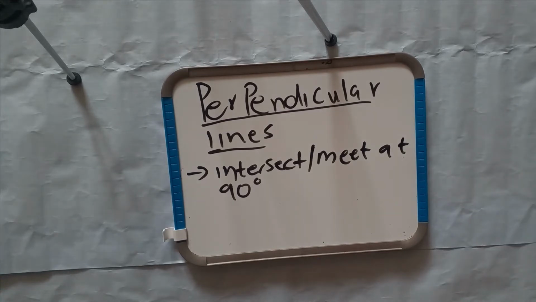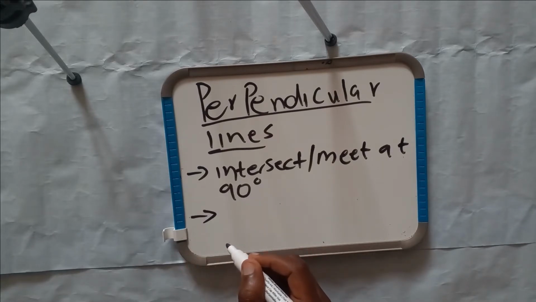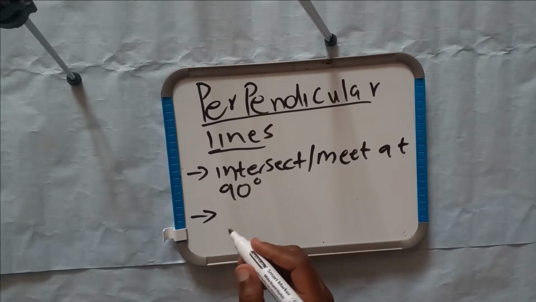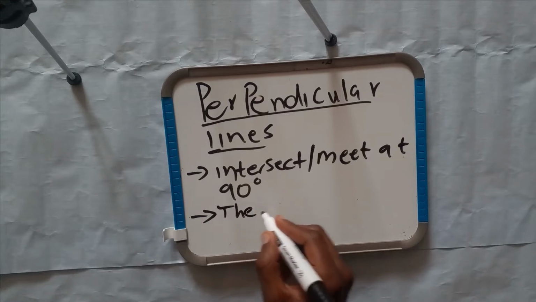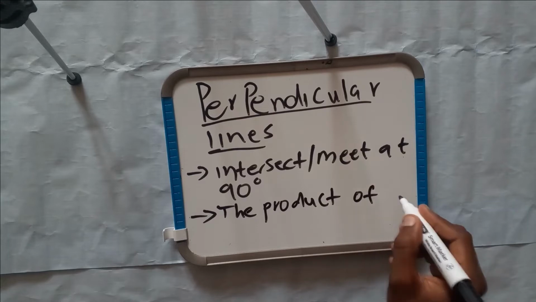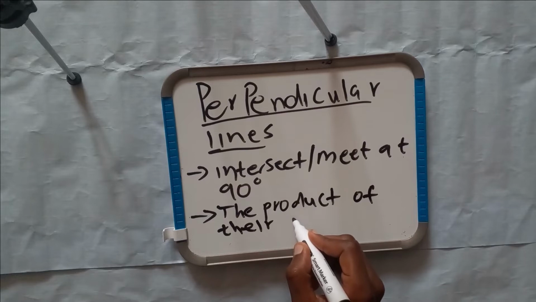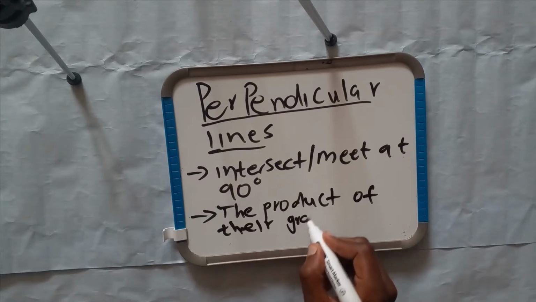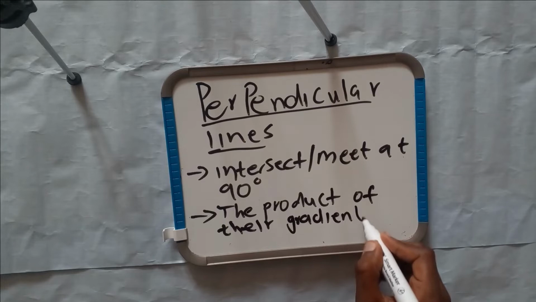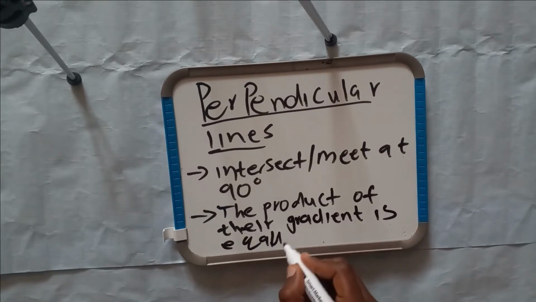Right. Number two, you need to know that the product of those particular lines' gradients must give you -1. The product of their gradient is equal to -1.